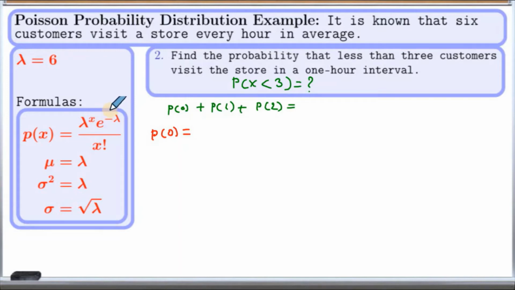So therefore, substituting the value of lambda and x in the formula, we get P(0) equals 6 to the power 0, e to the minus 6, over 0 factorial. So this whole thing is equal to 0.00248.